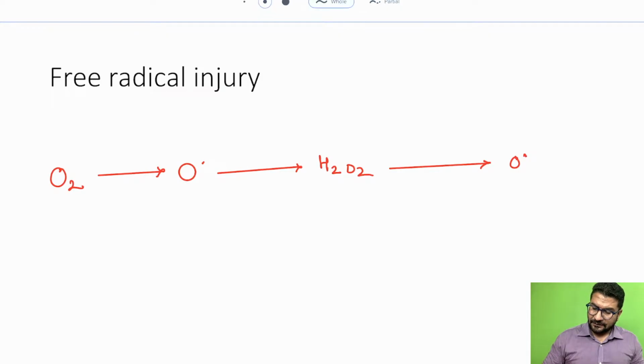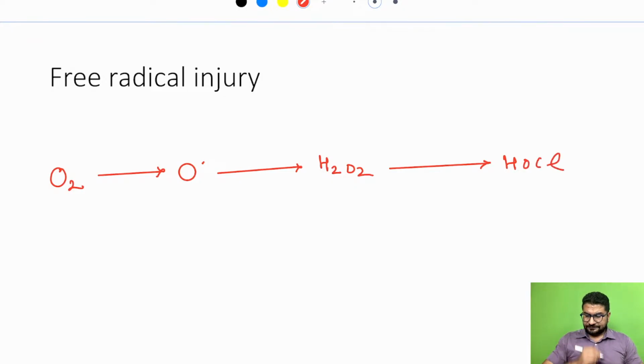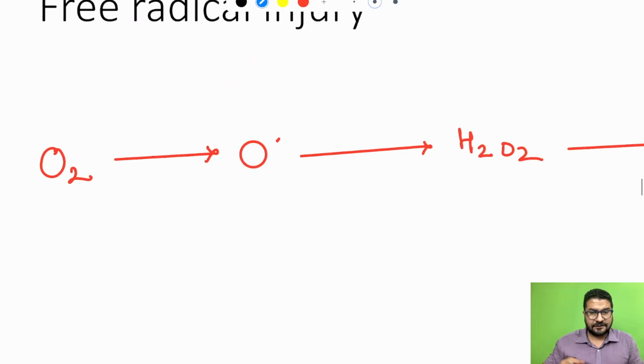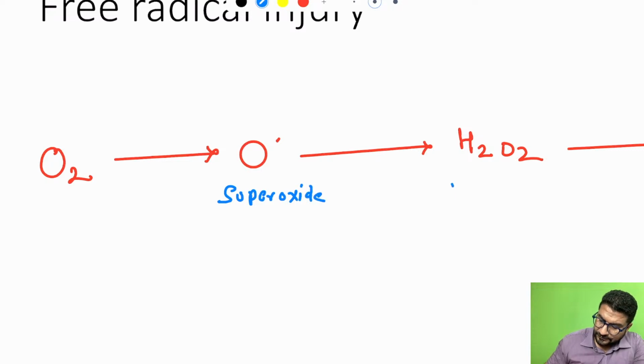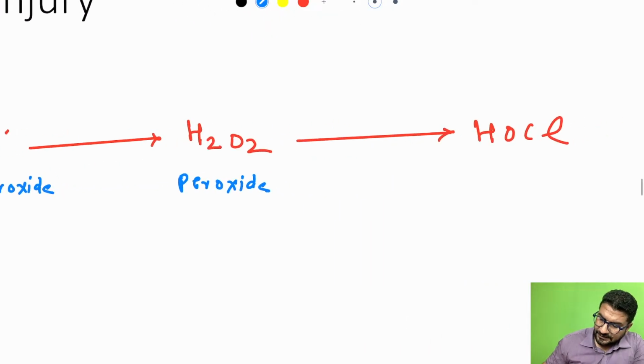Now this peroxide will convert into hypochlorous acid, HOCl. अब इसको देखो, अगर मैं आपको थोड़ा सा इसको ब्रेक करके दिखाऊं, तो first oxygen will convert into superoxide. This is called superoxide. This is called peroxide, and this is called hypochlorous acid.